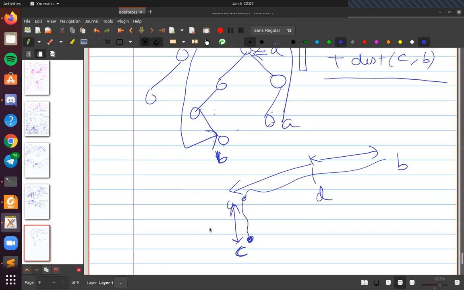This is K1. So what I am doing is the distance of A to C, which is K1, plus the distance of B to C, which is K plus K1. I'm adding this, which is not a valid distance, because the valid distance is K, but I'm adding K plus 2 K1.